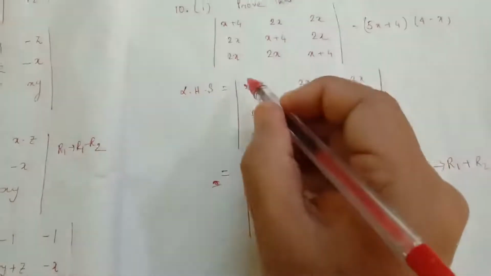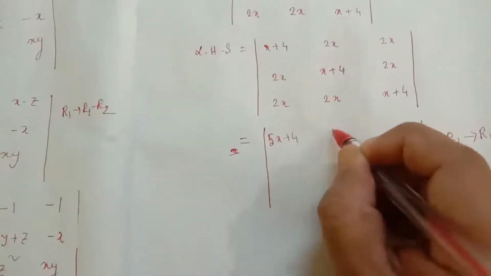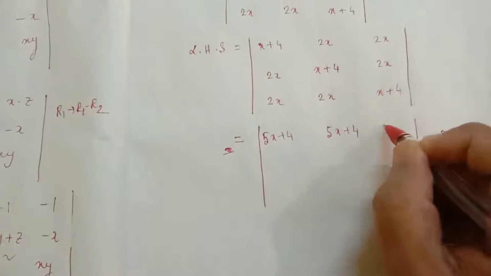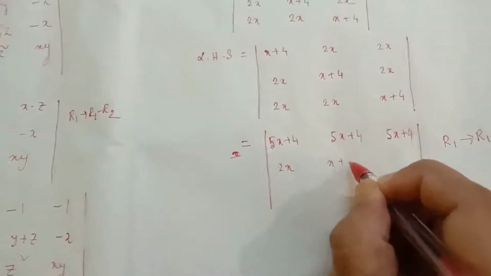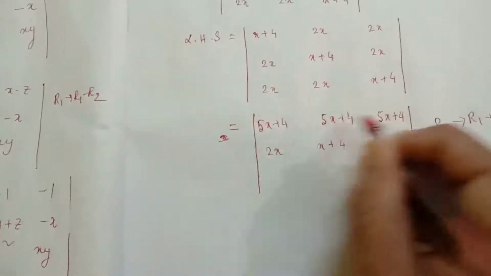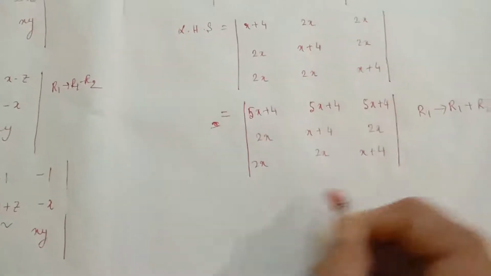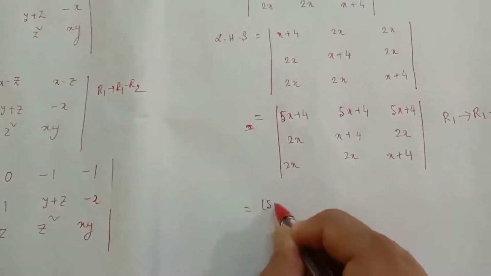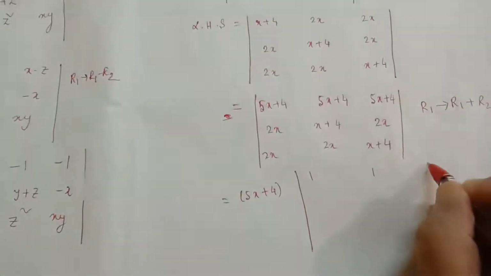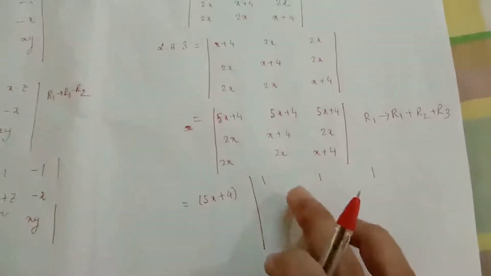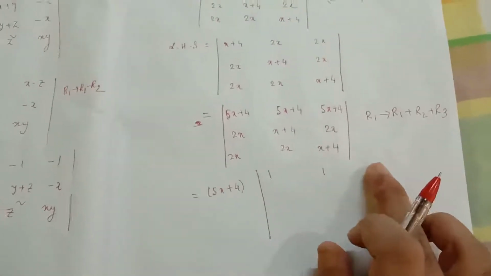If we do this, this will become 5x plus 4, 5x plus 4, 5x plus 4. So now we can easily take 5x plus 4 common from R1, and if we take 5x plus 4 common, this will become 1, 1, 1, and again we can bring 0 easily, as this minus this will give us 0, this minus this also will give us 0.